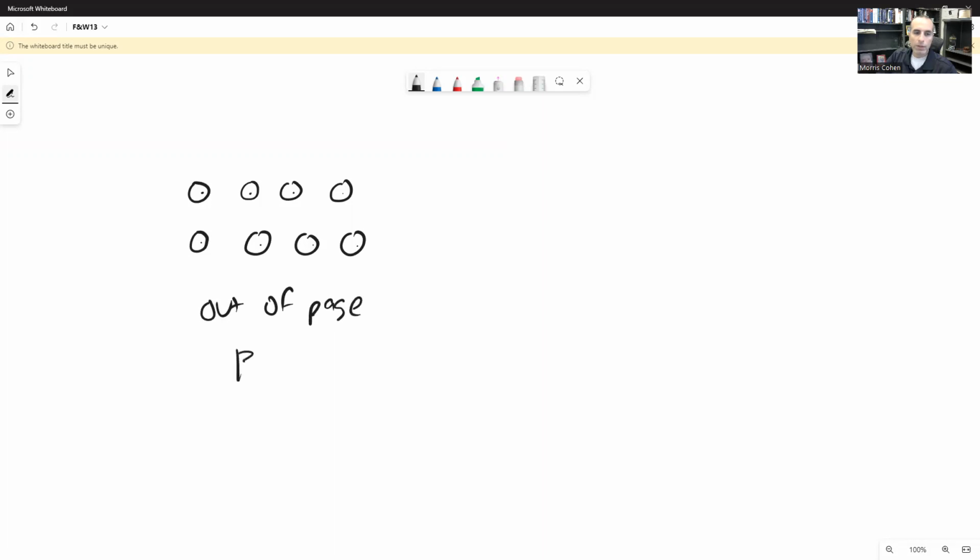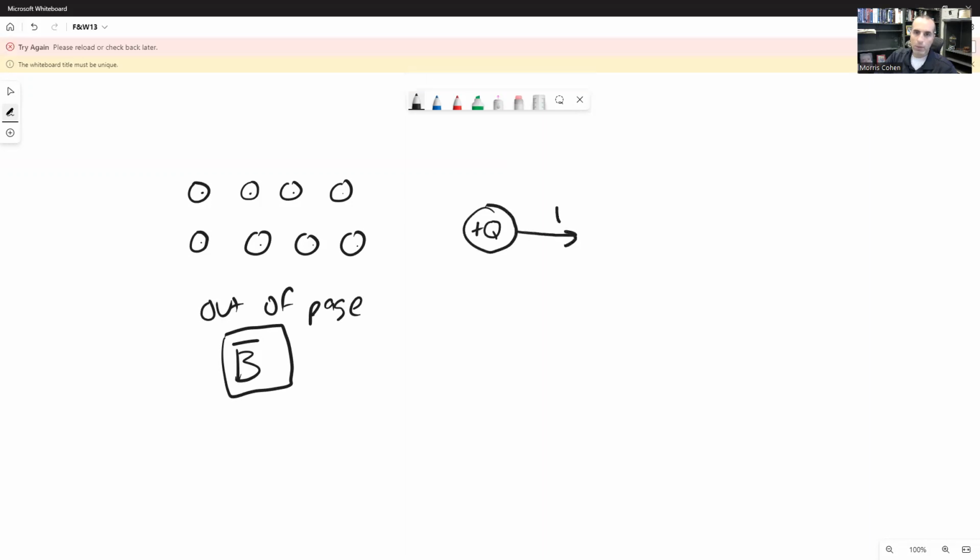We're going to describe the magnetic field as having a vector B that's coming out of the page. Let's say I have a charge plus Q, and it's moving in this direction with velocity V. Then there is a force exerted on that charge, which is equal to the value of that charge Q times the velocity V crossed with the magnetic field.